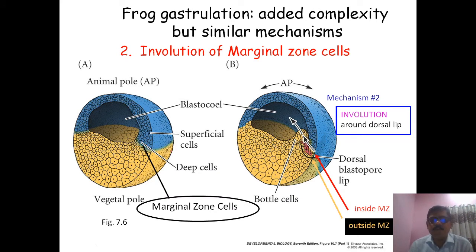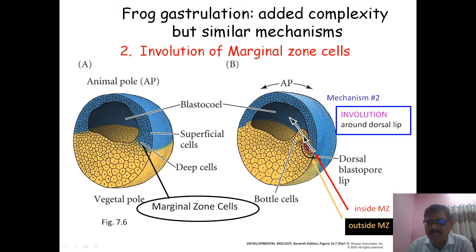Then the second process is called involution. As we just discussed, the inward movement of the cells occurs. These are the bottle cells, and they again change their shape and move along adjacent to the previous layer.